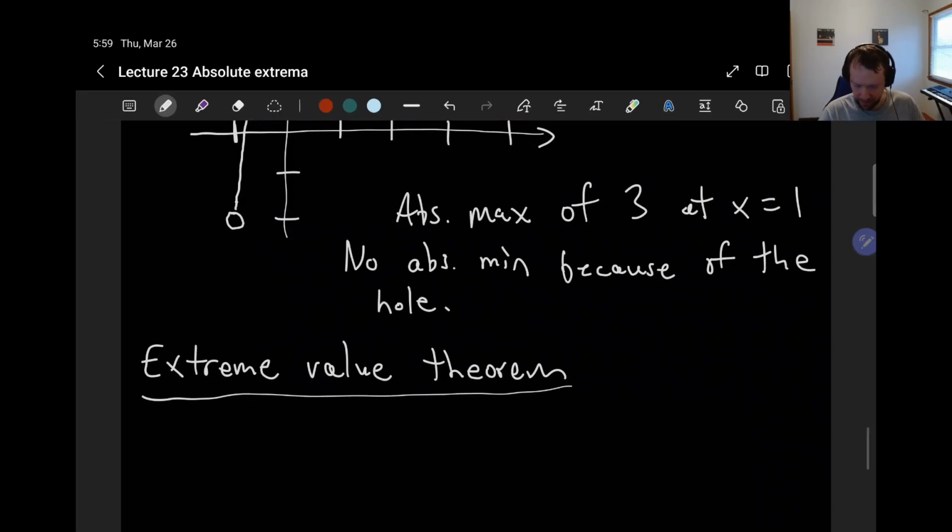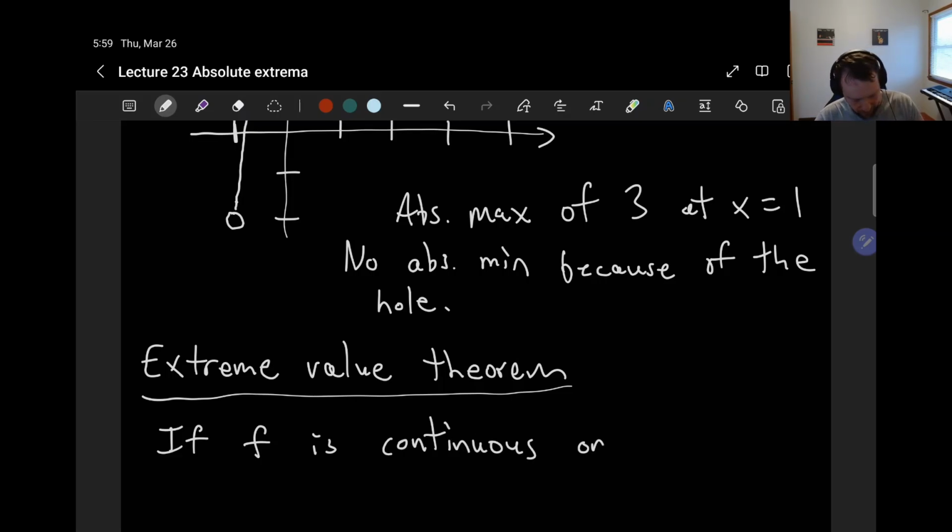Or really, it's one case, but 2 conditions. That's what I mean. If f is continuous, so that's one condition we need. And it's continuous on a closed interval.